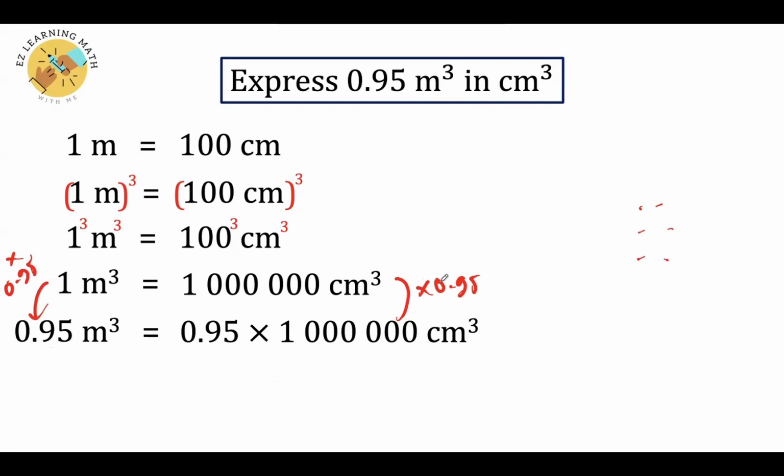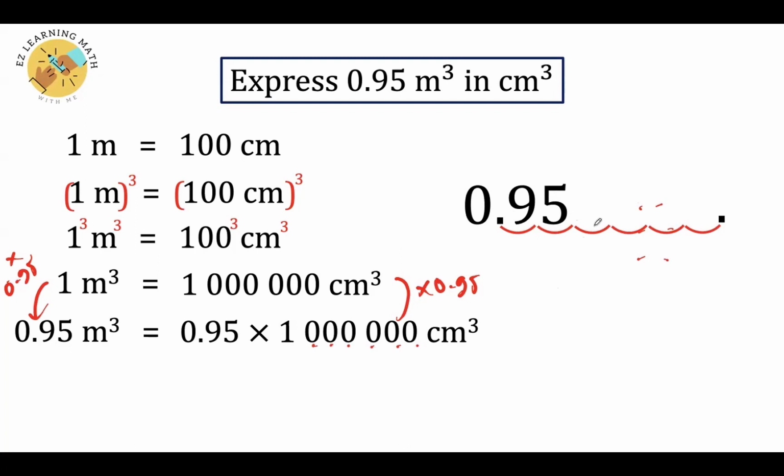When we multiply a number by 10, 100, 1000, 1 million, we move the decimal point to the right by how many zeros we have. So for 1 million we have 1, 2, 3, 4, 5, 6. There are 6 zeros. So let's move this decimal point 6 times to the right. 1, 2, 3, 4, 5, 6.